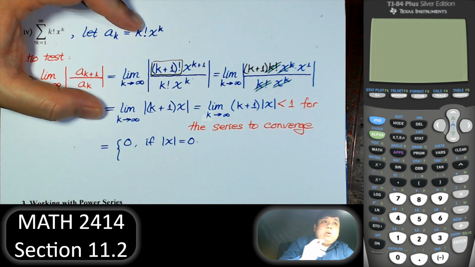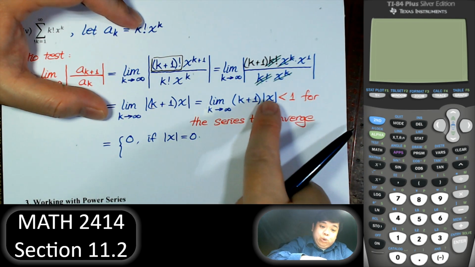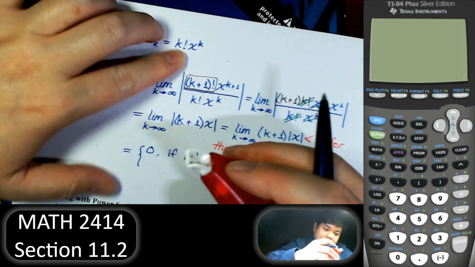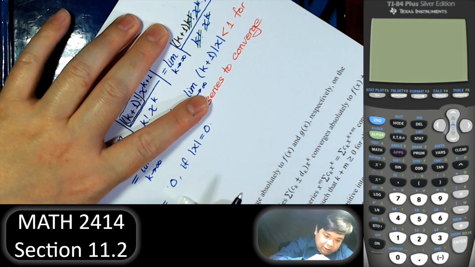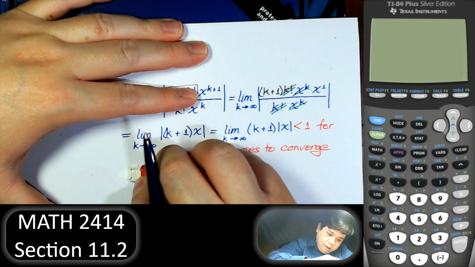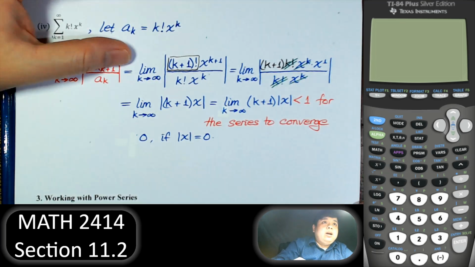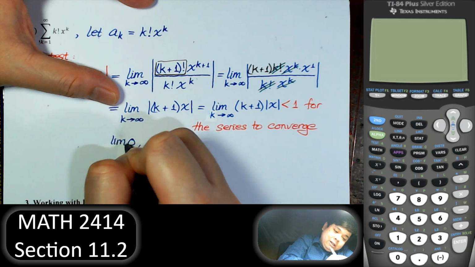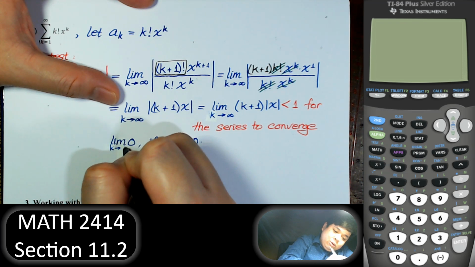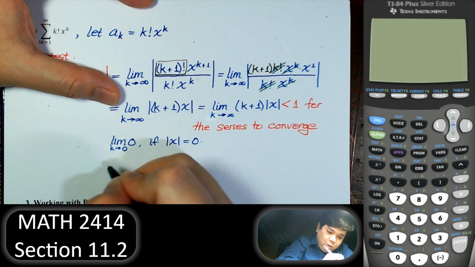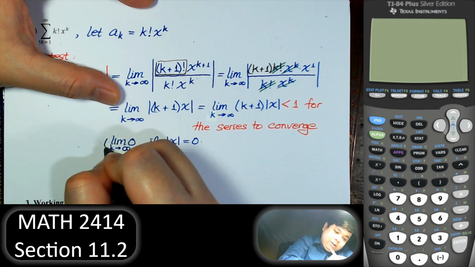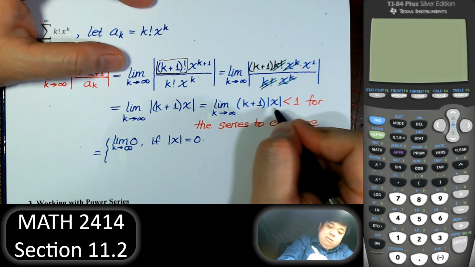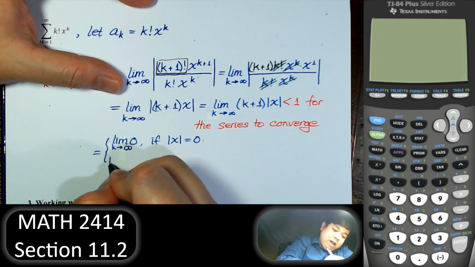So notice that when the absolute value of x equals 0, we do that first, and we have the limit of 0. I should have written that out. Now if the absolute value of x equals 0, we have the limit as k goes to infinity of 0.